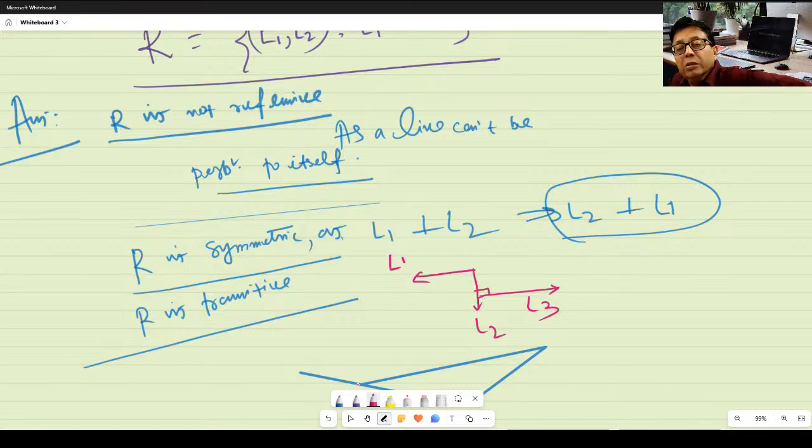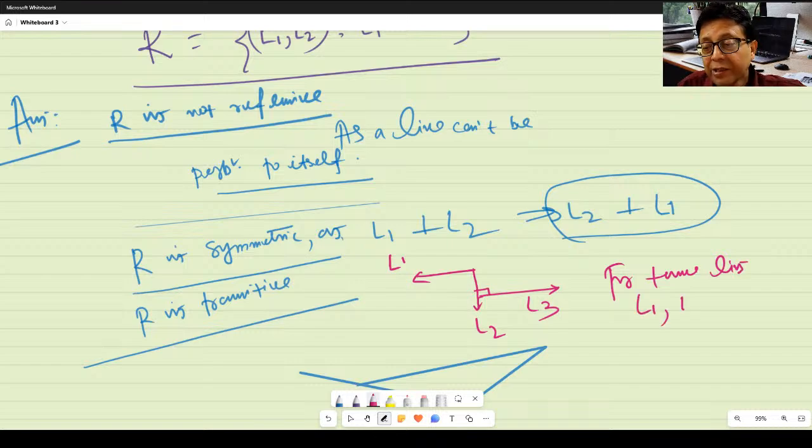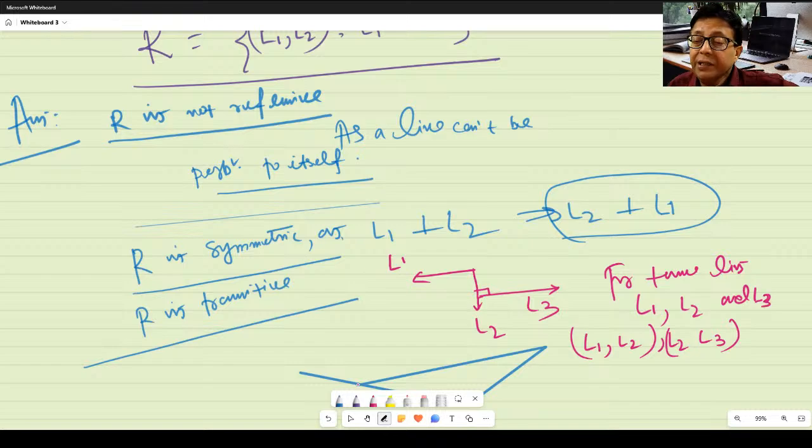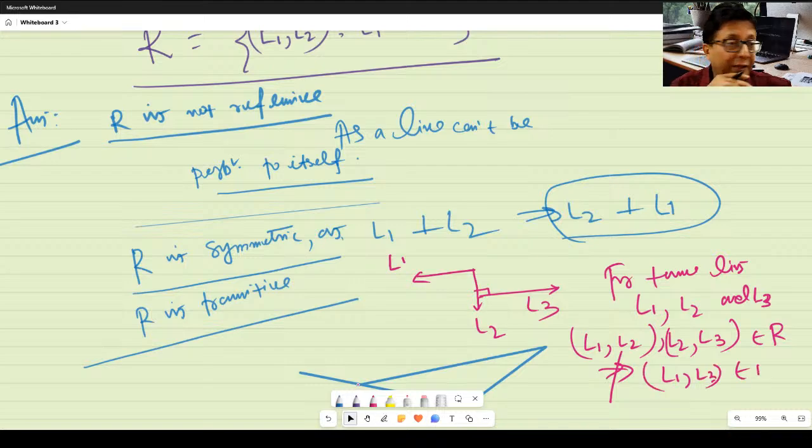So you write for 3 lines, this way you will answer. For 3 lines L1, L2 and L3, (L1, L2) and (L2, L3) belonging to R does not imply (L1, L3) belongs to R. Okay?